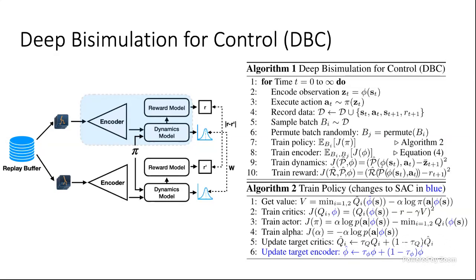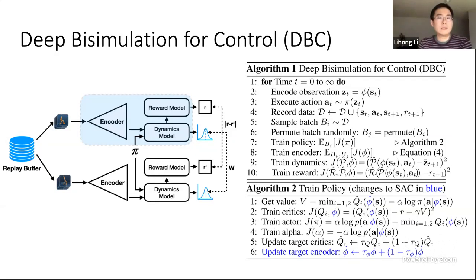We train the dynamics reward model and representation space using our bisimulation metric objective, and then train soft actor critic on top of it. It's very similar to other methods like deep MDP and stochastic latent actor critic, in that all of these components are trained after every environment step. So I would say it's on par with those. Right. Cool.